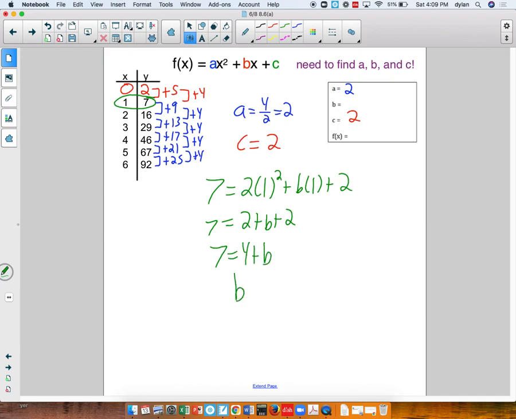Or in other words, if we subtract 4 from both sides, b equals 3, positive 3. So in this case, we got b equals 3, and our equation would be f of x equals 2x squared plus 3x plus 2. So that brings us to the end of our video for 8.6a.